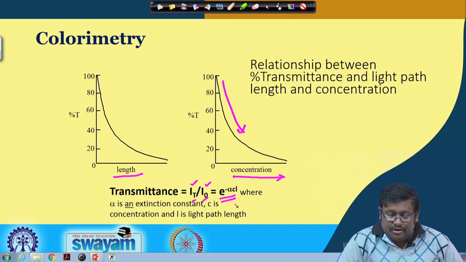which we can denote by this, where alpha is an extinction constant, C is the concentration and L is the light path length. Okay.